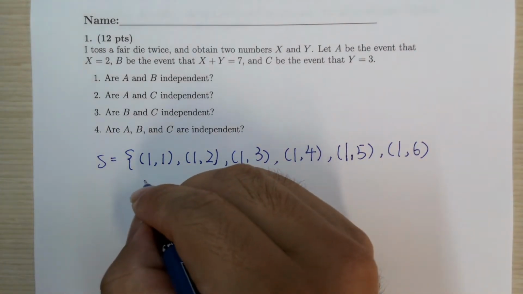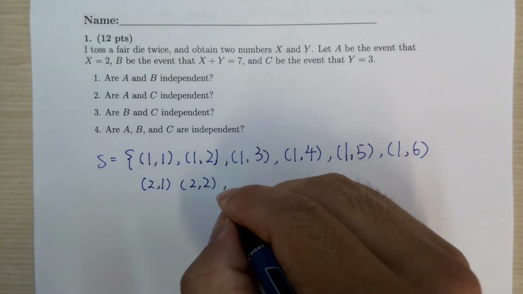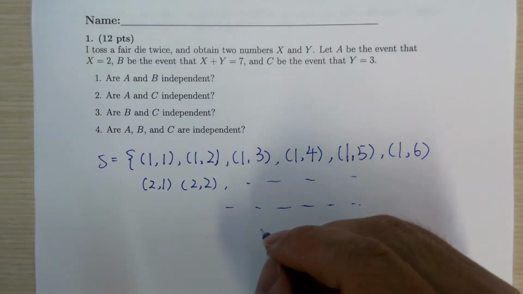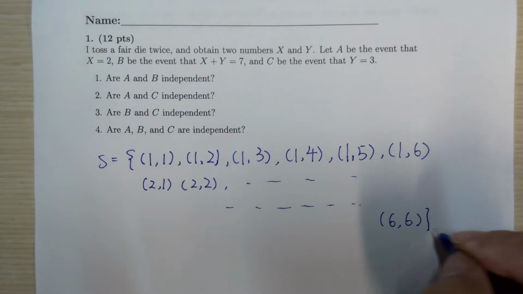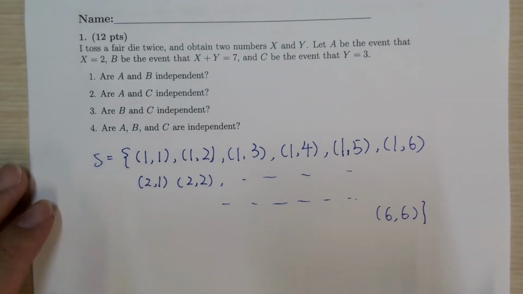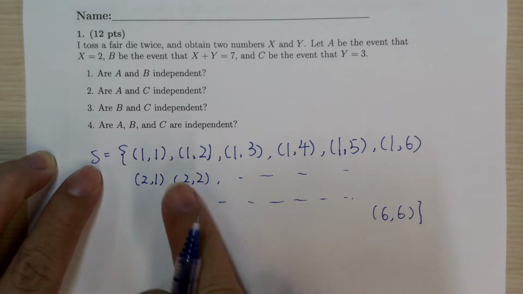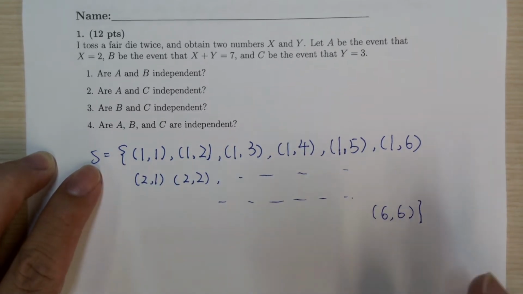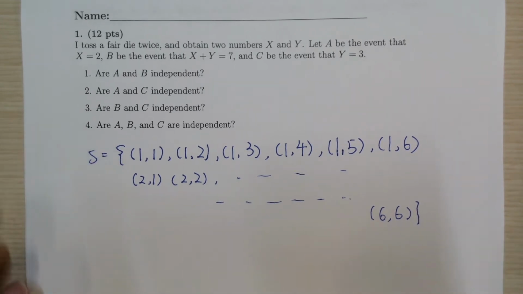And then don't you agree you can do 2,1, 2,2? You can continue this up to the very end. You can have 6,6. So in other words, the sample space contains 36 elements. So the cardinality of the sample space is 36, we know that.